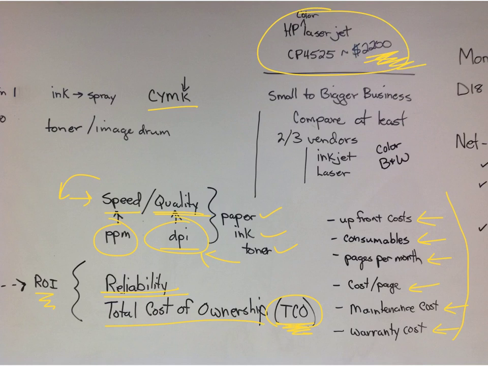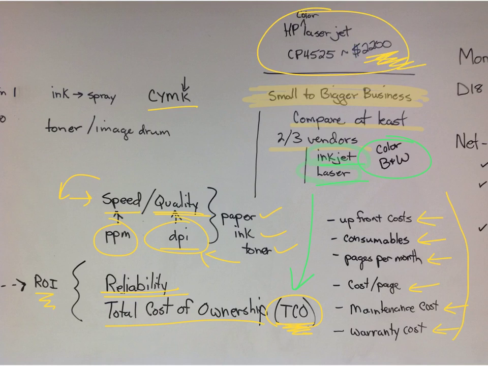So what the students' task is, they think of a small business and compare at least 2 to 3 vendors. So look at getting an inkjet printer and a laser printer. That makes sense? So you're going to compare inkjet, laser, color and black and white, and you're going to look for these cost breaks for total cost of ownership.